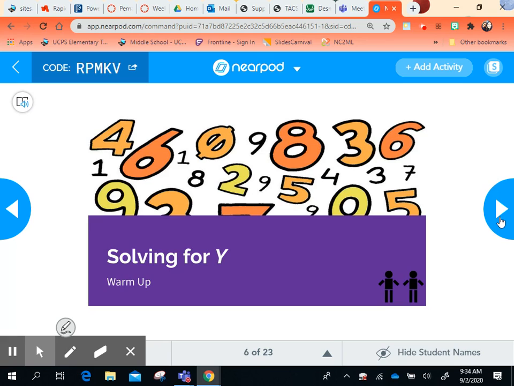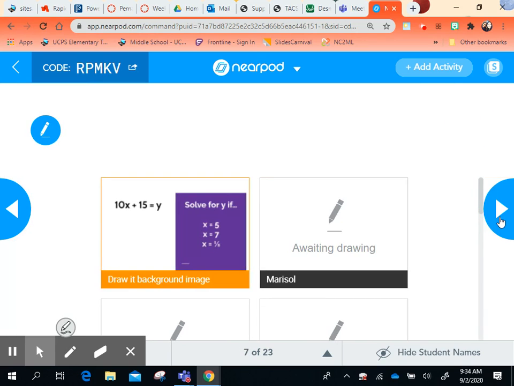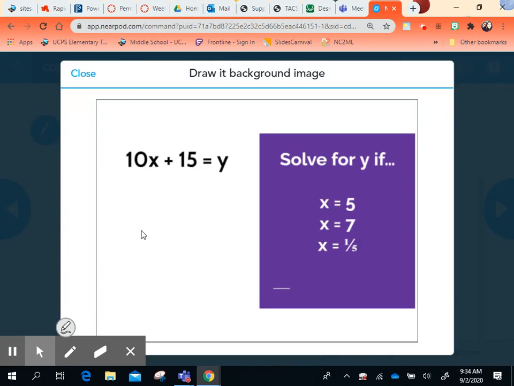So we're going to do a short warm-up. You are going to solve for y. Just like we've been doing with replacing the unit rate, I'm going to show you how to do the first one, and then you guys are going to do the second and the third. So I would do 10. This is saying x equals 5.